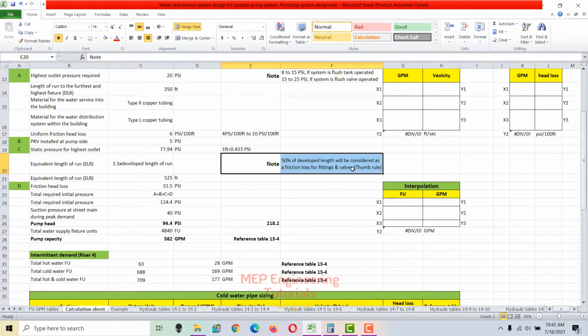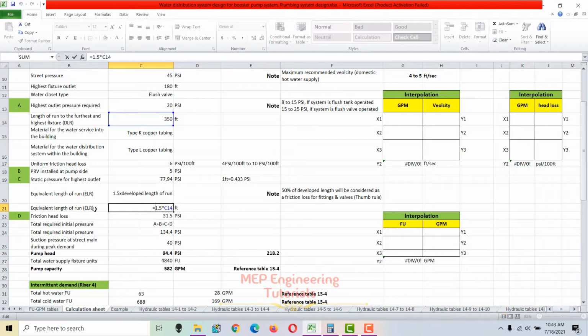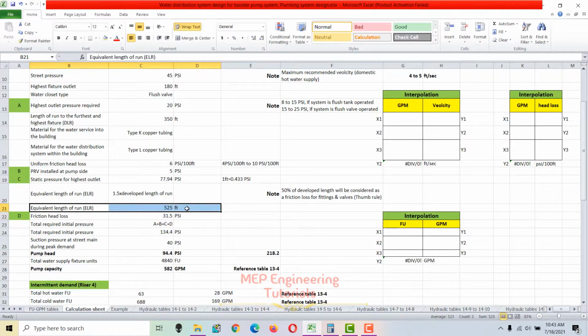We are going to use a thumb rule, that 50% of the developed length will be considered as friction loss for the fittings and the valves. This is a thumb rule. We know that the total developed length of the straight pipe is 350 feet. We are going to add 50% of this 350 as friction loss for the valves and the fittings. So how much will our equivalent length of run be? 350 into 1.5, so a total of 525 feet is the equivalent length of run.